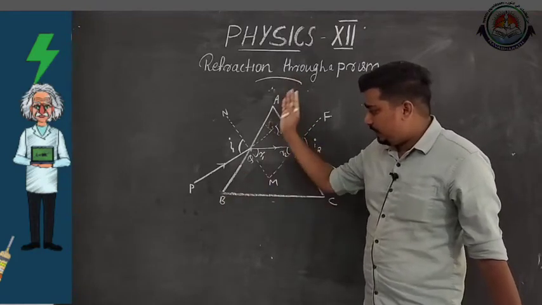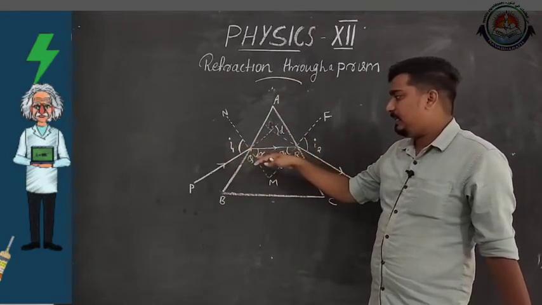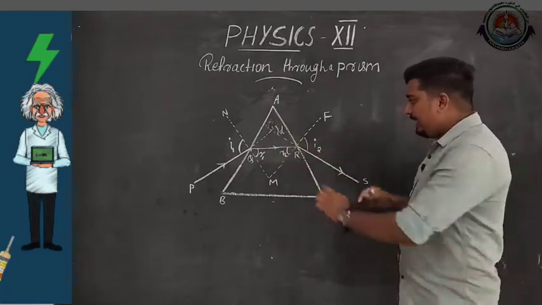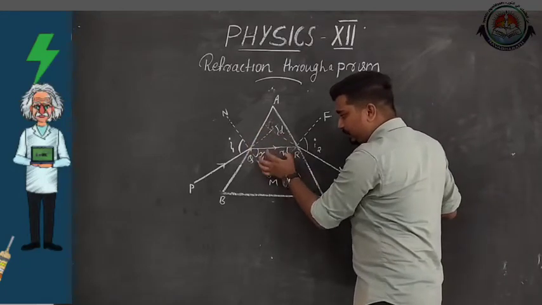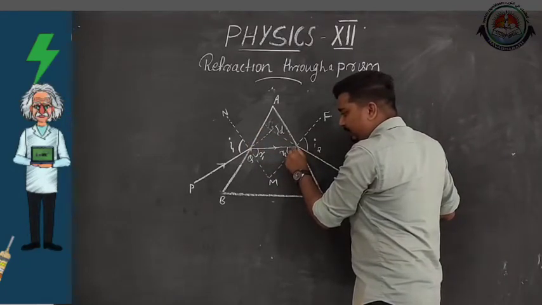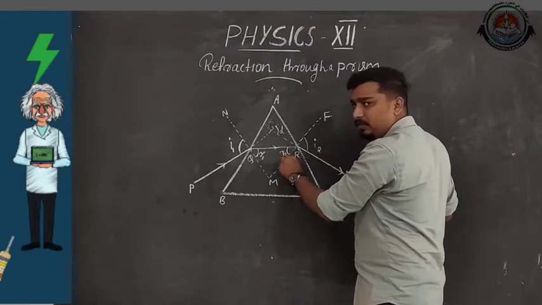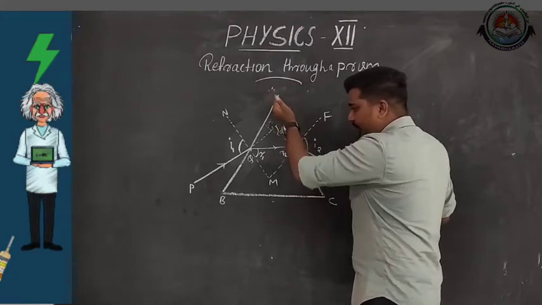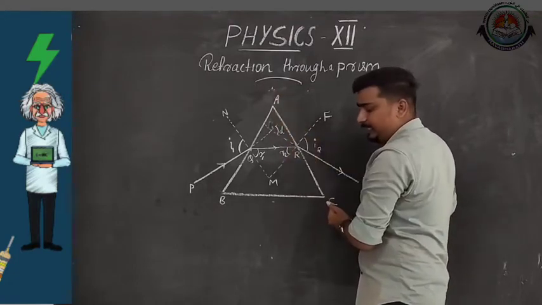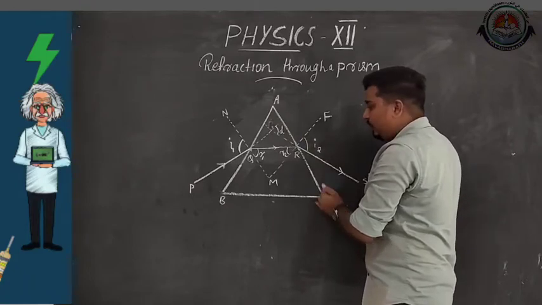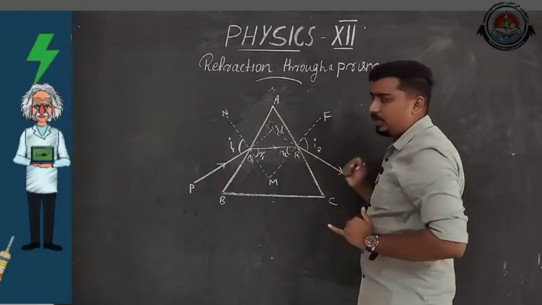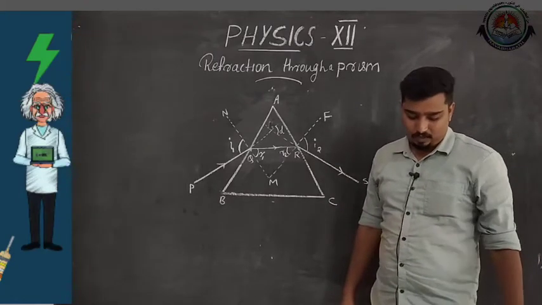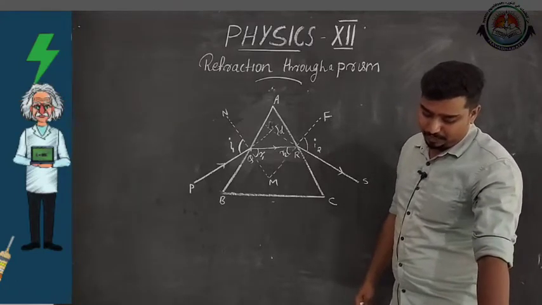In the face AB, I1 is the angle of incidence and R1 is the angle of refraction, and the light enters this glass prism. Here another angle of refraction, R2, is formed, and at the face AC, I2 and R2 are the angle of incidence and angle of refraction.